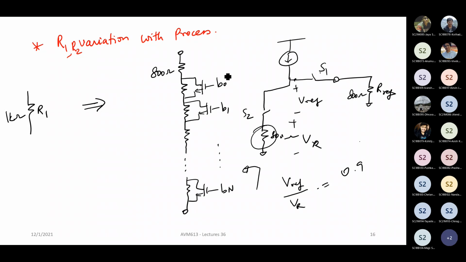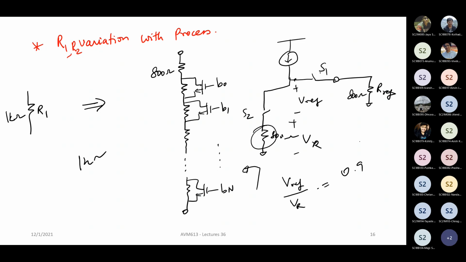Okay. So now once you apply this code, it will be 800 plus, let us say, certain things will be on, certain things will be off. So the total resistance here will be equal to 1 kilo ohm. You understood? So this is what is called a calibration routine or a calibration procedure. Sometimes they will do what is called a factory calibration.